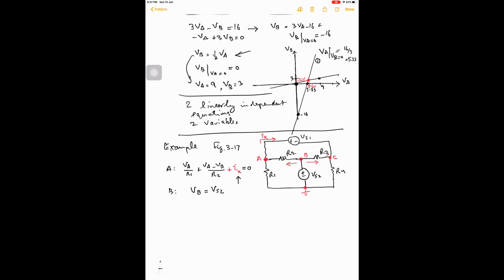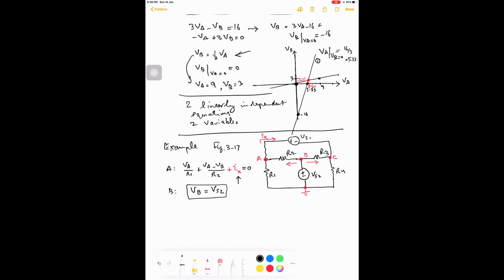So this is the equation for node B. Whenever a voltage source appears in a circuit such that one end is connected to the ground node and the other is connected to any other node, the voltage is directly known.